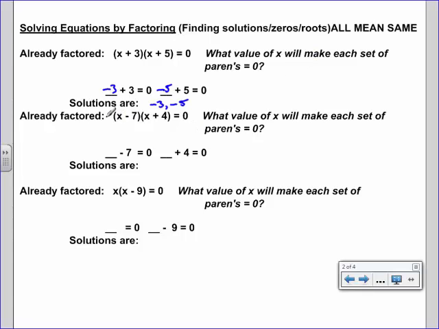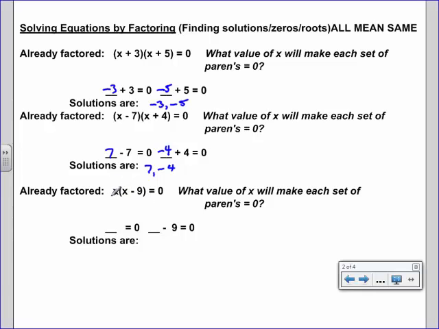Okay, here's another one that's already factored. What value could I put in to make x - 7 equal to 0? Well, 7. What value could I put in here to make x + 4 equal to 0? Negative 4. So your solutions are 7 and negative 4. And one more that's already factored, and then we'll make you factor first and find your solutions.